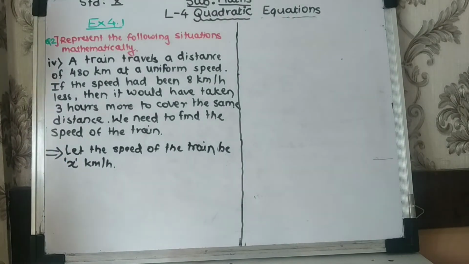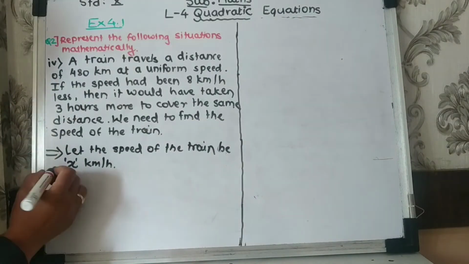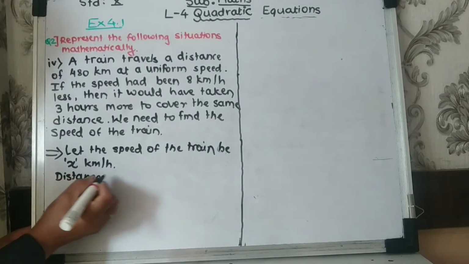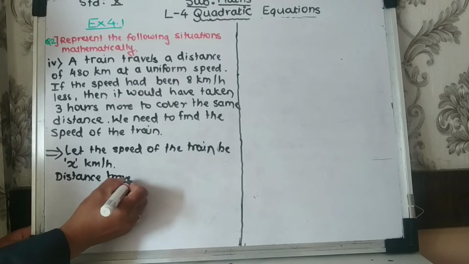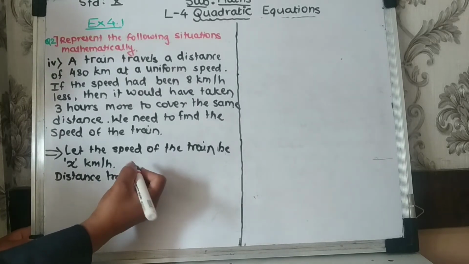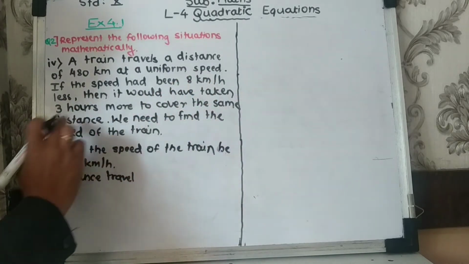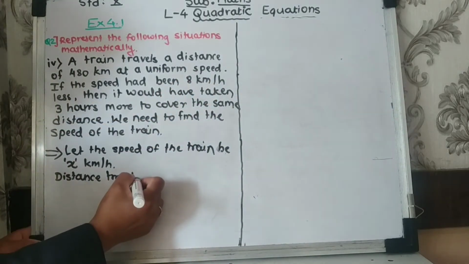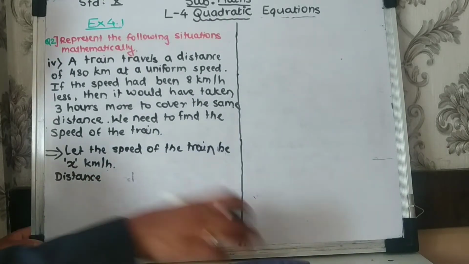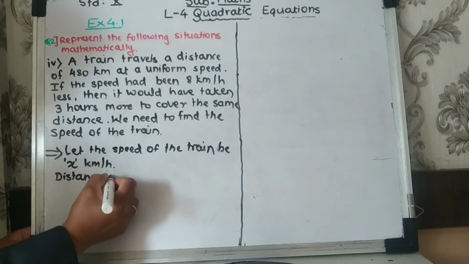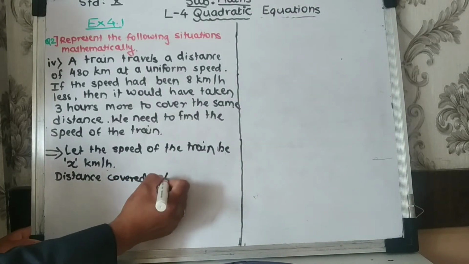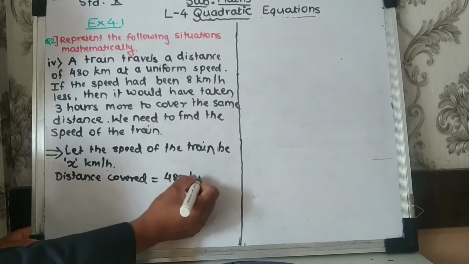Now how much distance does it cover? Distance traveled or covered, or you can write total distance also. Distance covered is equal to 480 kilometer.